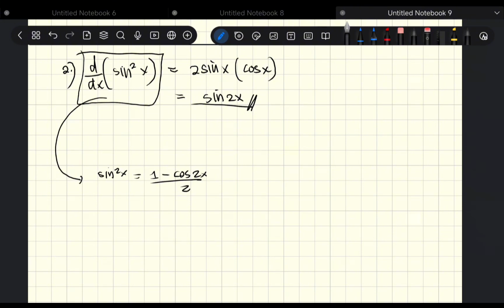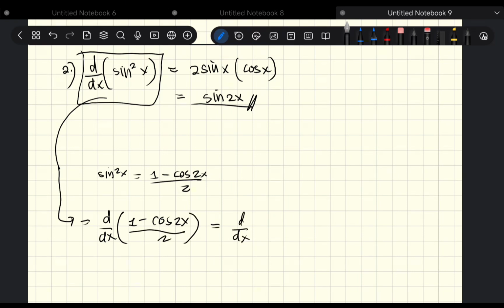So here d over dx of sine squared x, let me just substitute 1 minus cosine 2x all over 2. That is d over dx of 1 half, and minus d over dx of cosine 2x all over 2.